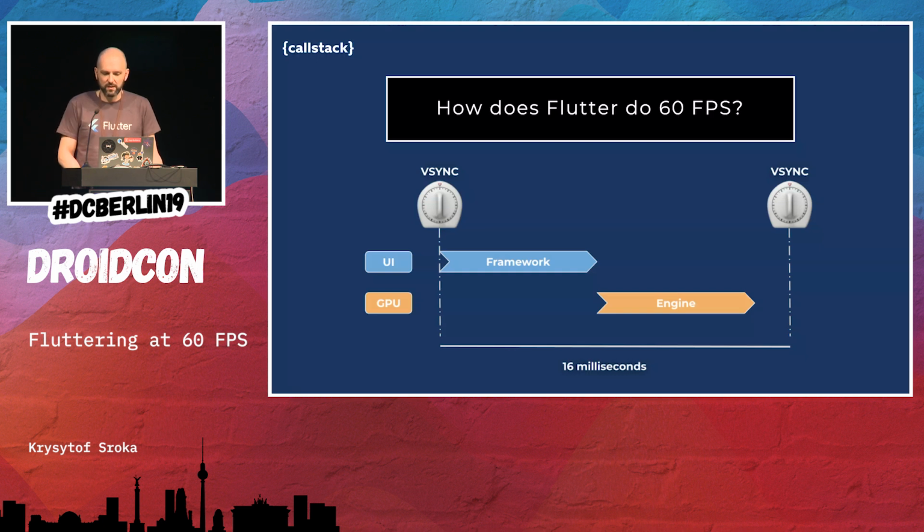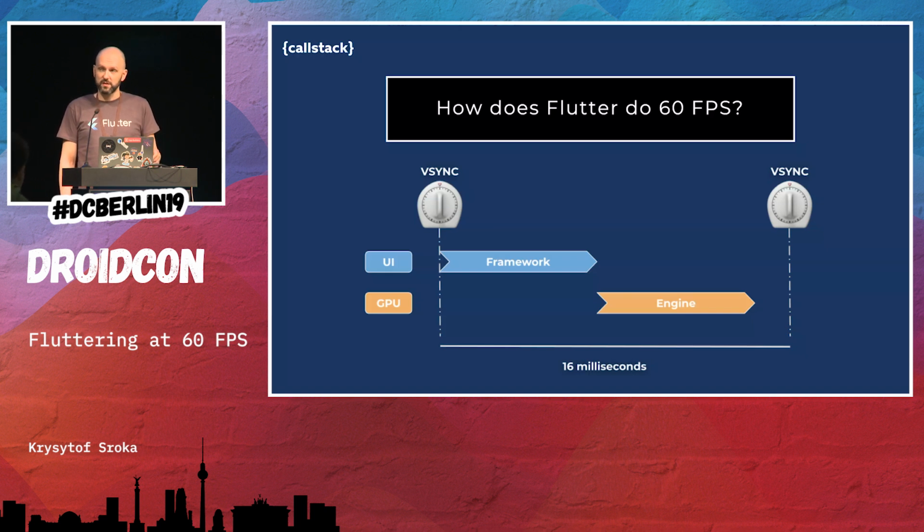So it's best if we actually have this kind of situation. Vsync is a timer that runs as quickly as our machine can do. So in 60 FPS displays, it will run every 16 milliseconds and twice as fast in 120 FPS displays.